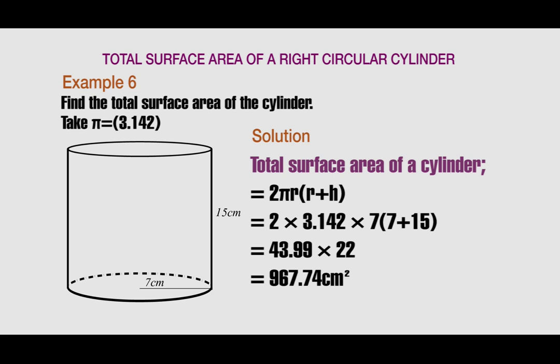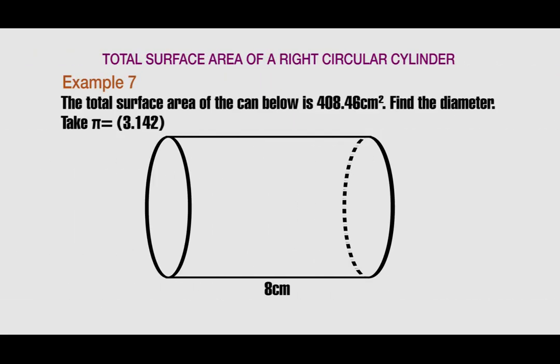Let's take another example. The total surface area of a can is 408.46 centimeters squared. Find the diameter of the can. Take pi to be equal to 3.142. Let's look at the solution. The can you see is a cylinder.